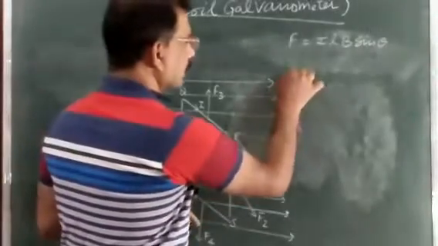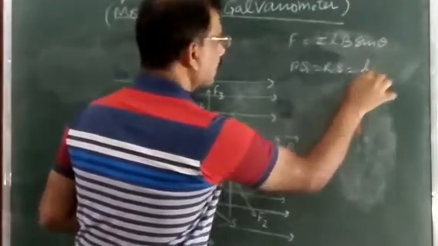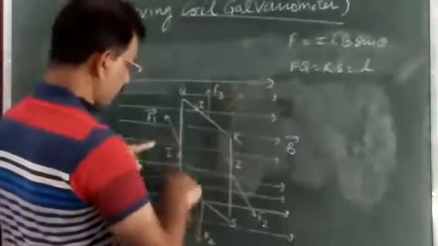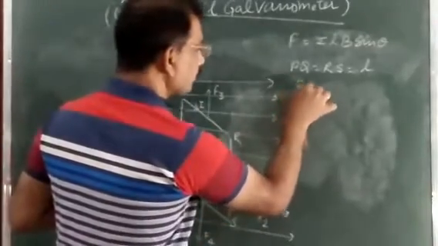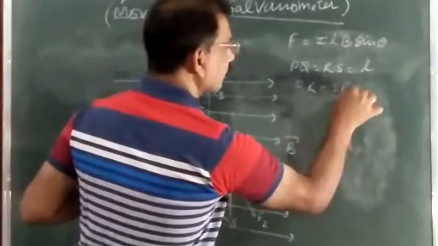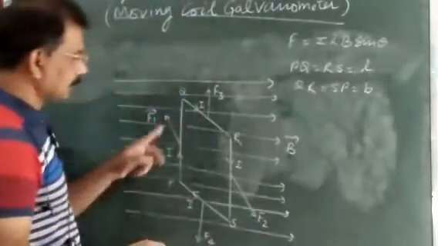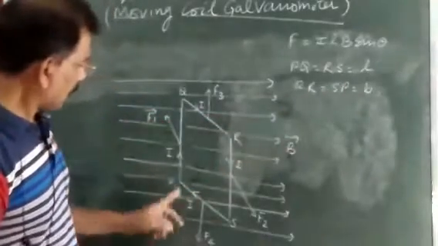Suppose I am saying here PQ is equal to RS is equal to L. Length of PQ is equal to RS is equal to L. And QR is equal to SP is equal to breadth of this loop, suppose B.